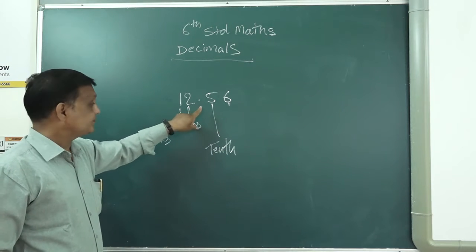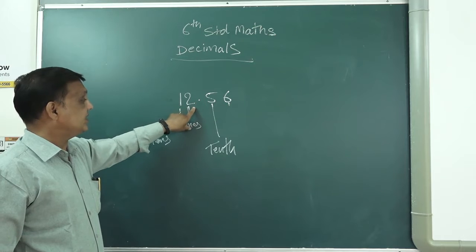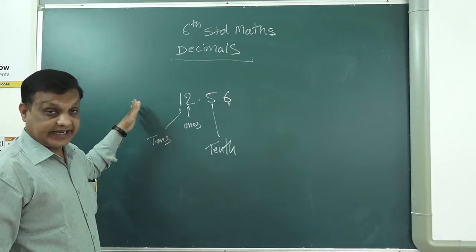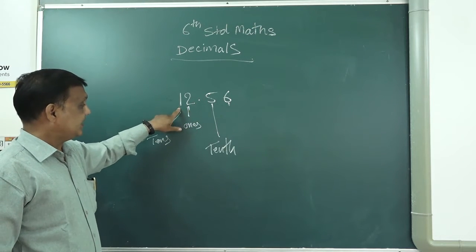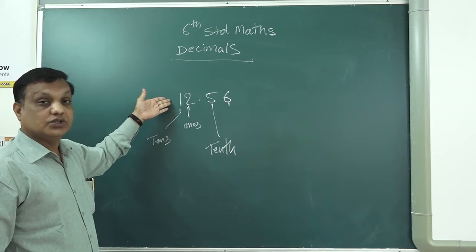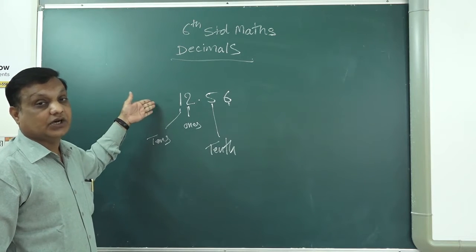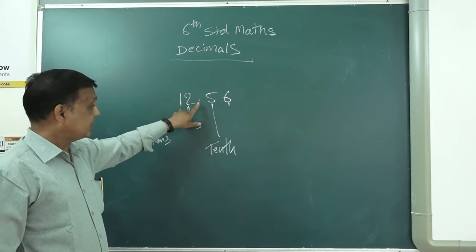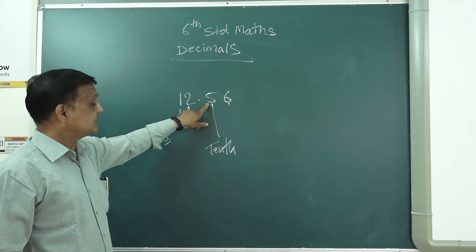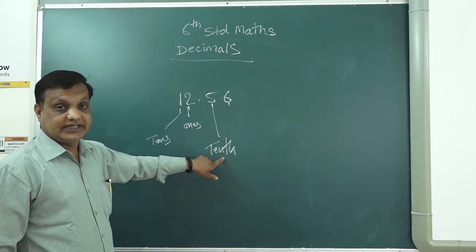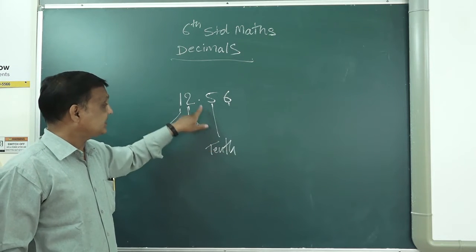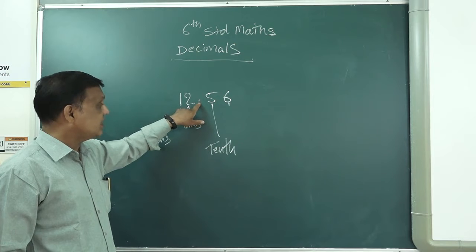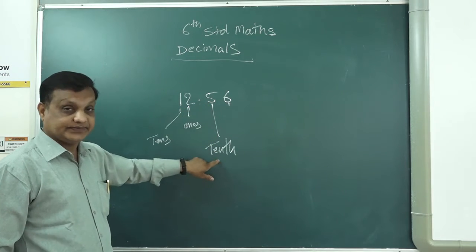Please pay attention. Before the decimal point, the places are the same: ones, tens, and if there were more digits, hundreds, thousands, ten thousands, lakhs, and so on. After the decimal, the first digit is called tenth.